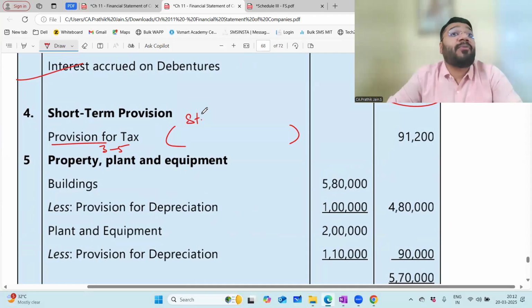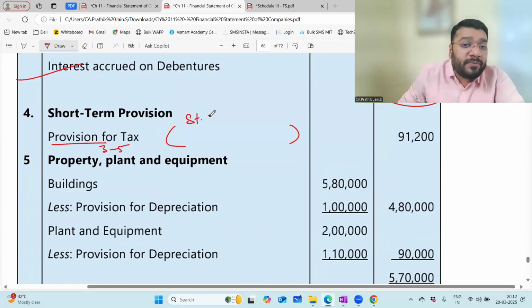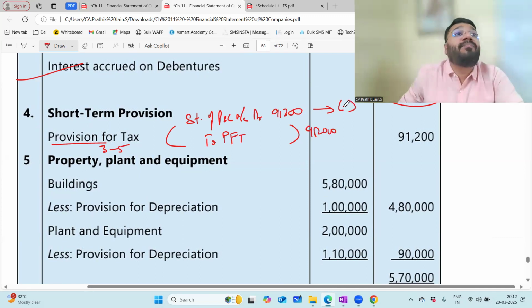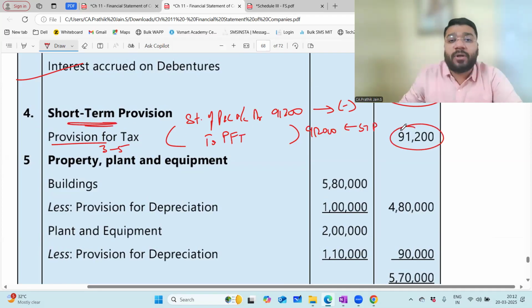When I pay tax, profit will decrease, so debit the statement of P&L account by 91,200 to provision for tax, 91,200. This will be subtracted from your profit before tax, and this will go to your short-term provision, 91,200.